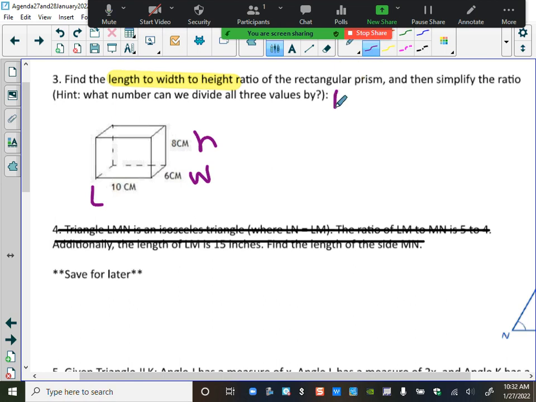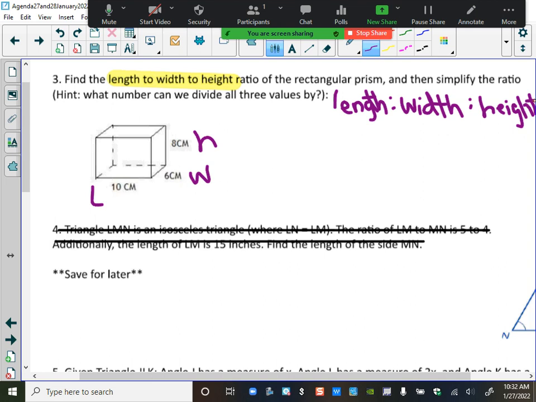This part. The length. Now you put a colon, width. You could also just abbreviate it if you wanted to do LW. Divide by 2.